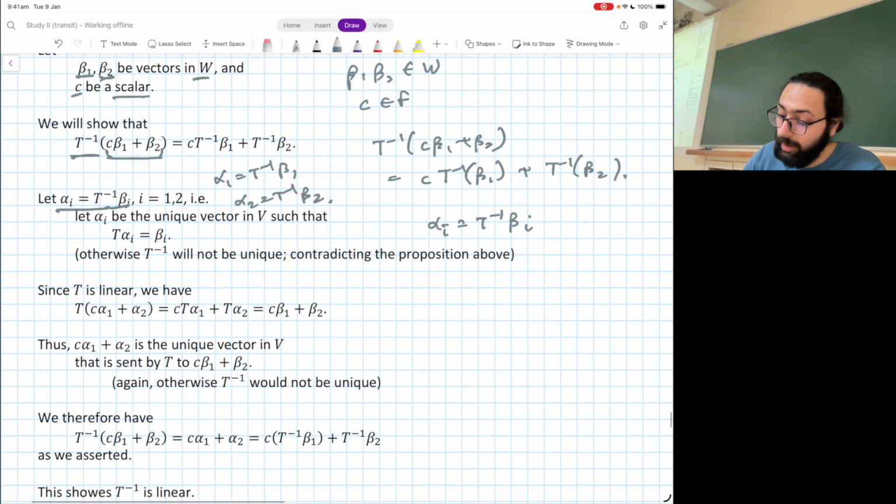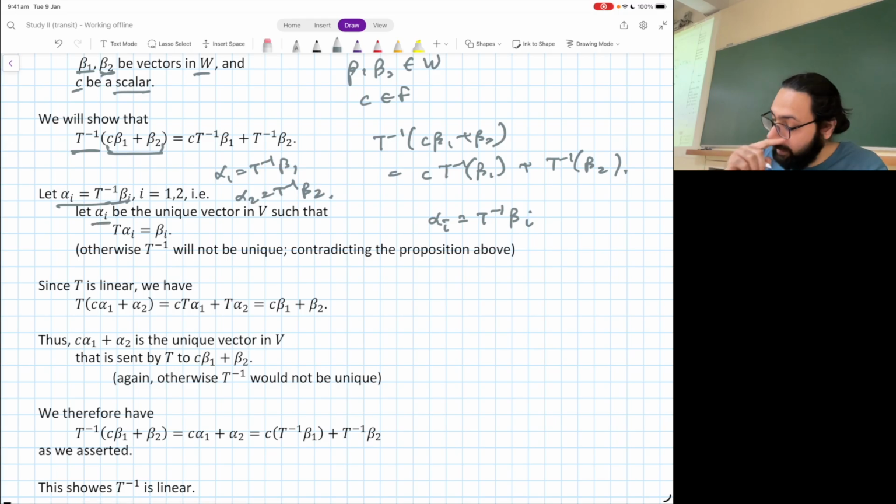Let alpha i be the unique vector in V such that T alpha i is the same as beta i. And this has to be unique because otherwise T inverse will not be unique; you'll get multiple inverses. So T alpha i is beta i.